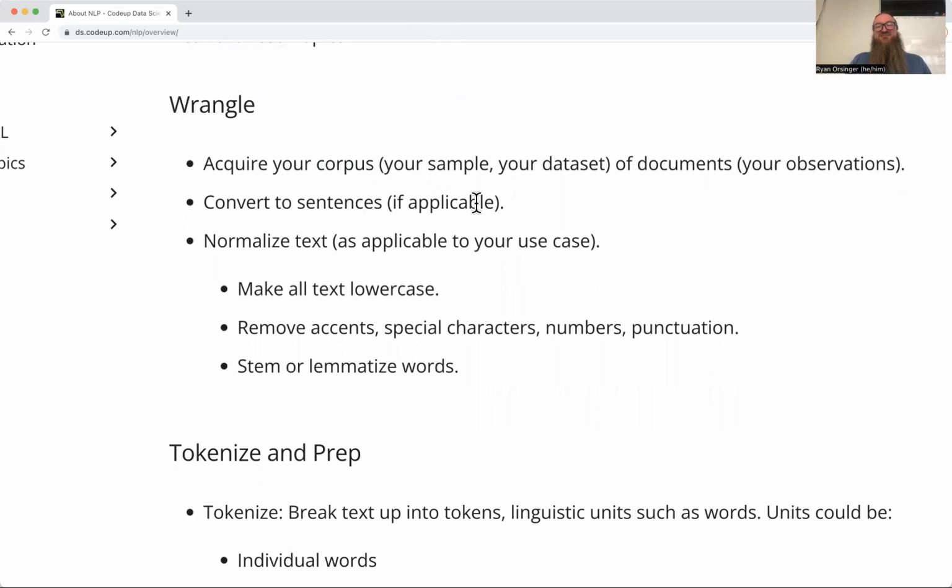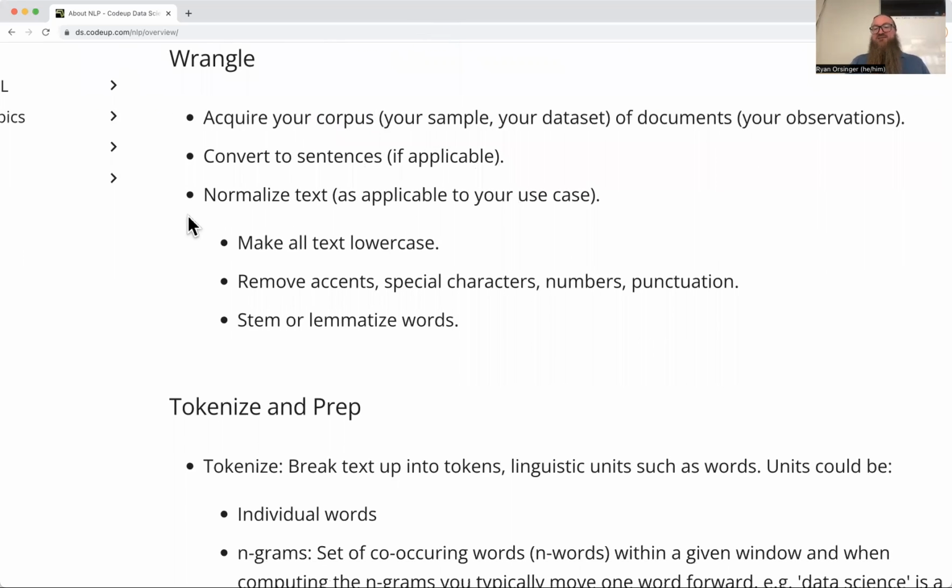We do want to convert to sentences if necessary, or if that helps us, and then we're going to normalize the text. And there's not a one size fits all for normalization. At this point in the game, this first bullet point says lowercase all the text. Well, some NLP algorithms try to pay attention to uppercase to see if somebody's shouting.